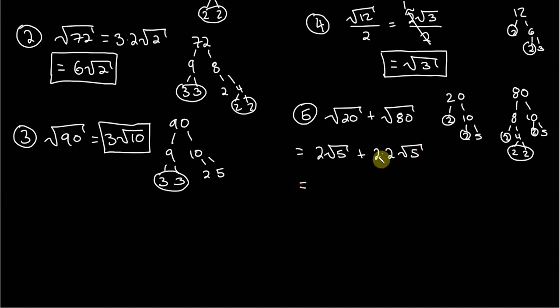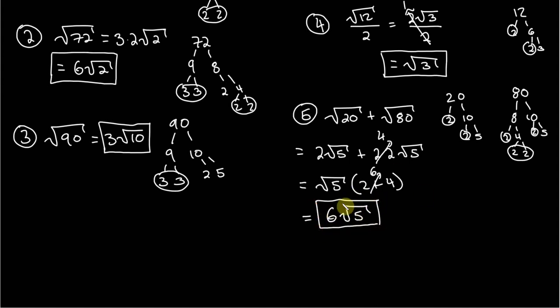And then we can simplify this, of course, because 2 times 2 is 4. But now we can factor out square root 5, like so, which is going to leave us with 2 plus 4, which will then equal 6, right? And so this all simplifies to 6 root 5.